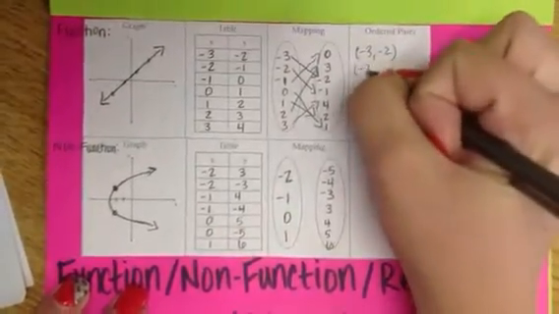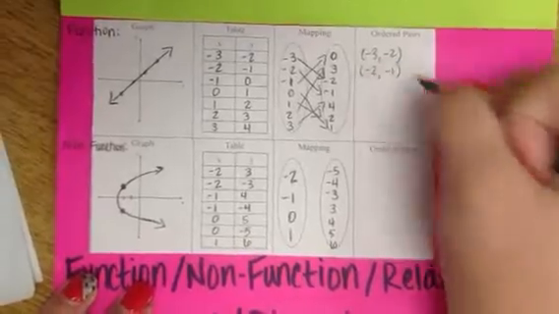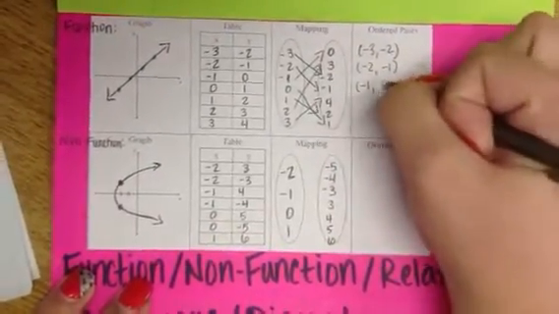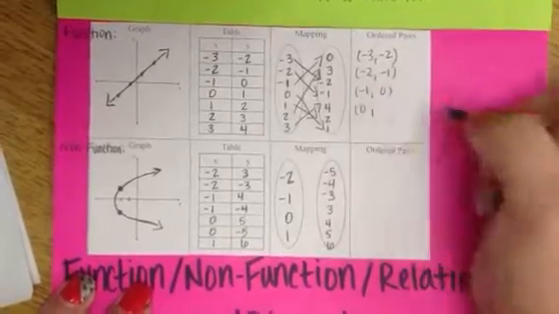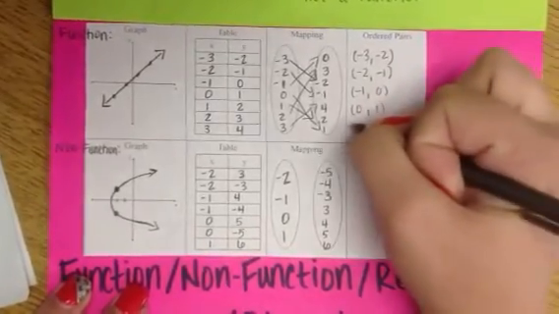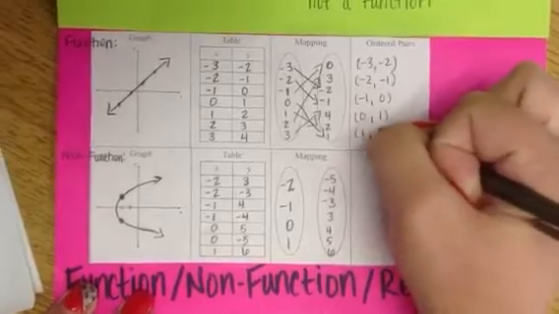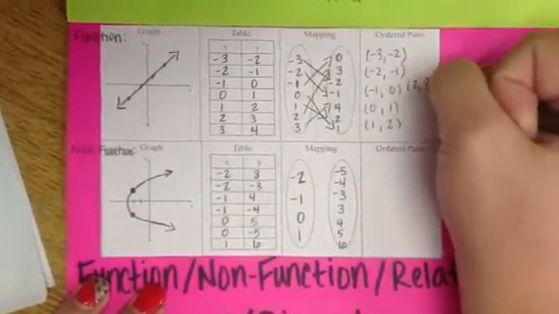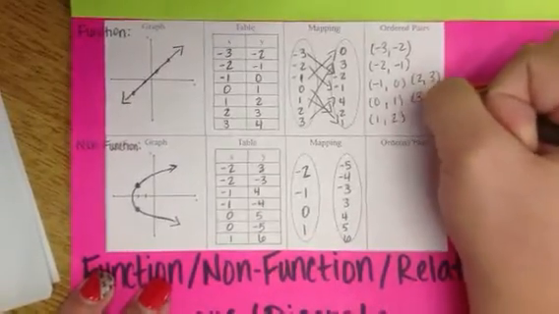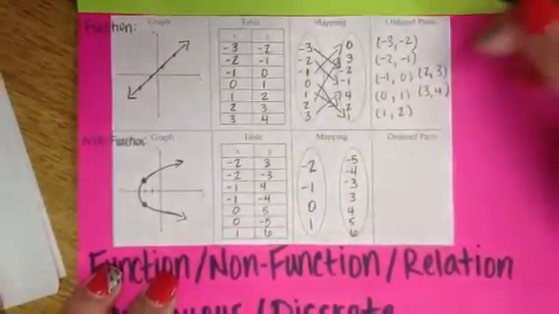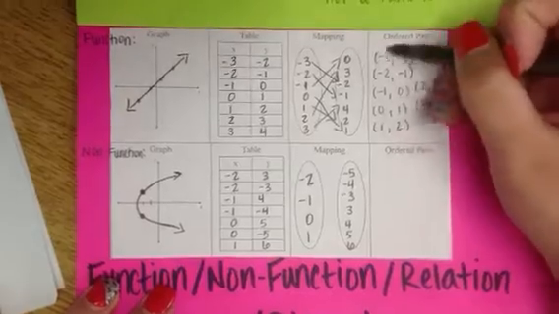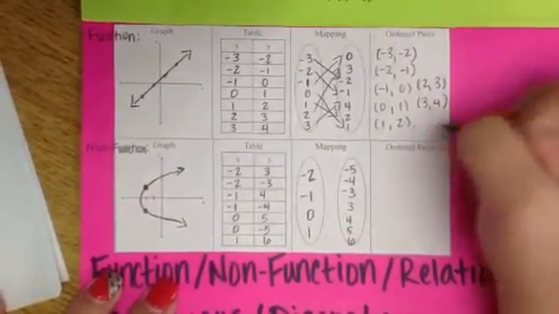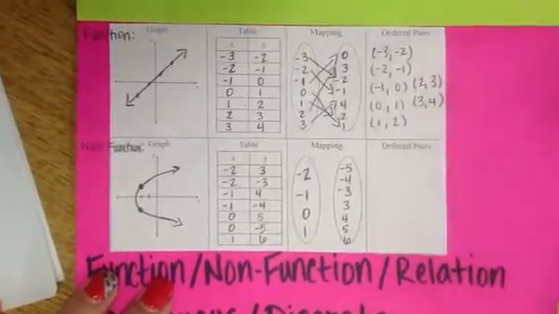Then -2 is paired with -1. -1 is paired with 0. 0 is paired with 1. 1 is paired with 2. 2 is paired with 3. And 3 with 4. If you look again at your x values, do any of them repeat? If your answer is no, then that is a function.